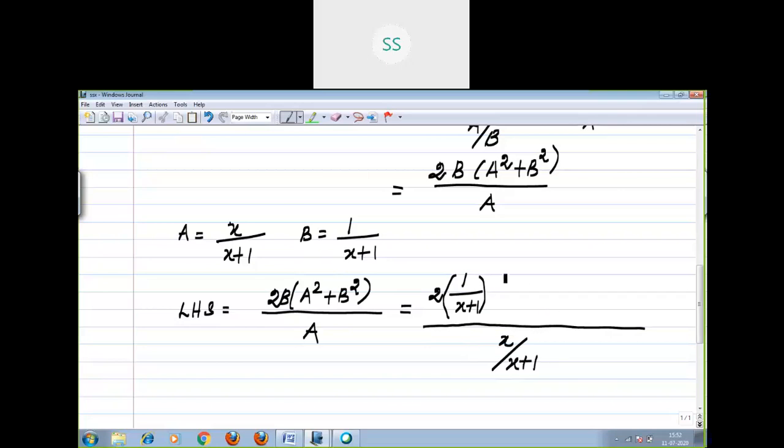Now, what is your a? x divided by x plus 1, the whole square, plus 1 divided by x plus 1, the whole square, right?